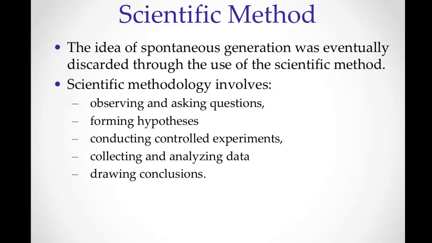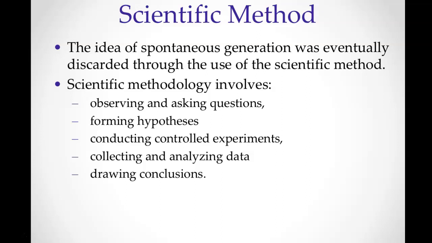All right. And so I want to talk a little bit about an experiment that also demonstrates the scientific method. This was testing whether or not Aristotle's idea of spontaneous generation was actually true. It says the idea of spontaneous generation was eventually discarded through the use of the scientific method. Thank goodness.